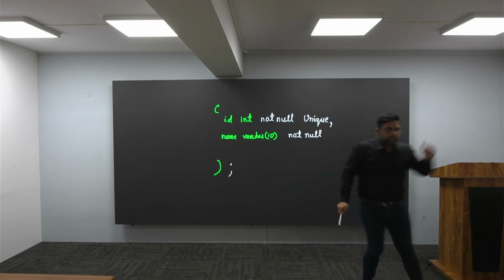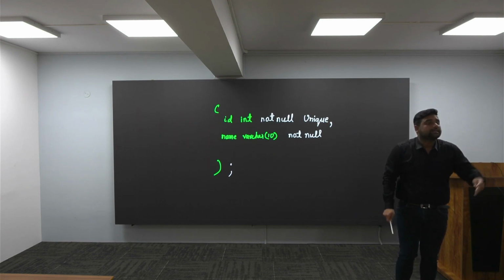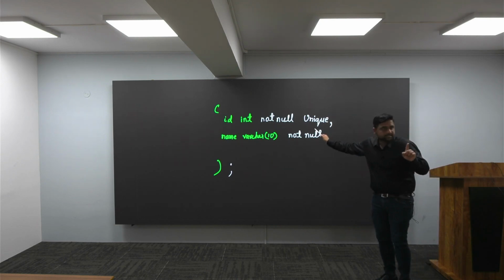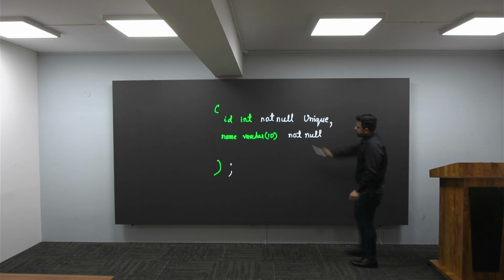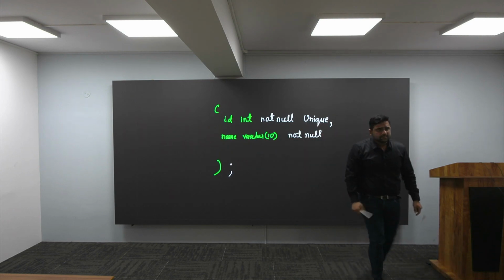Did you understand? So not null we can use multiple times, unique we can use multiple times, check we can use, default we can use, foreign key we can use. But primary key we have to use only once. Now please try to understand how many constraints we have used here? 2. Instead of using not null and unique, can we put primary key? Yes.